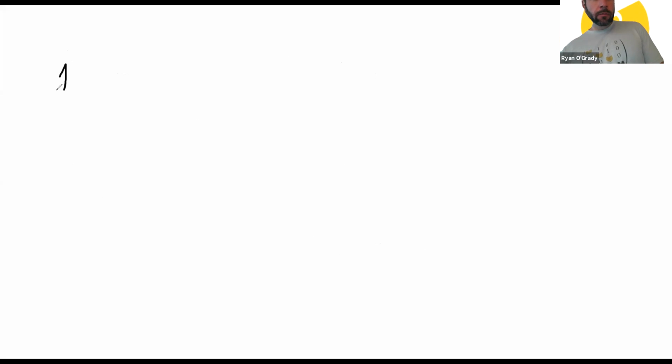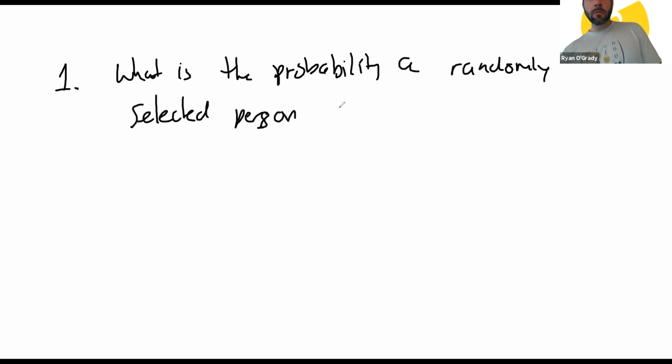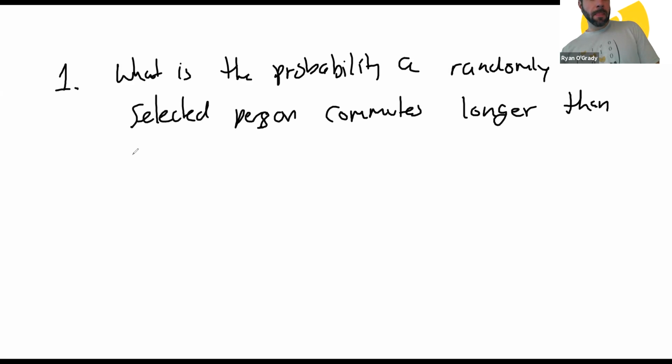So question one. What is the probability a randomly selected person commutes longer than 29 minutes?